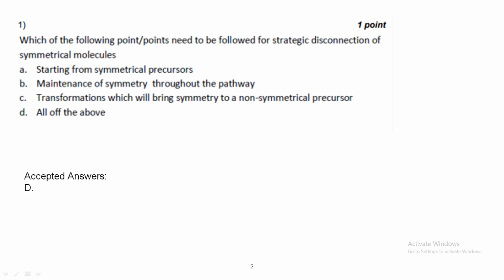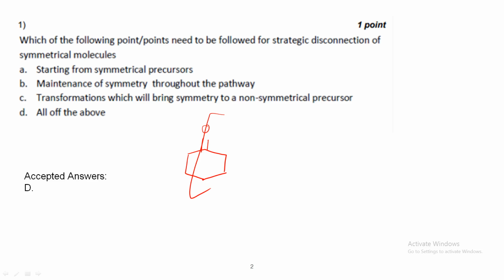To start with, let's assume a very simple symmetric molecule, let's say this type. It contains a sigma plane, right? Along this oxygen, carbon, carbon axis. So that's why it's a sigma plane.